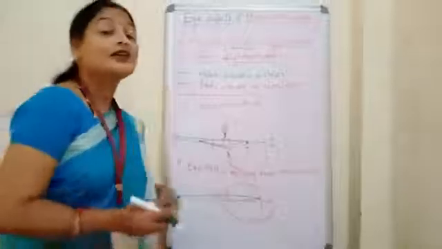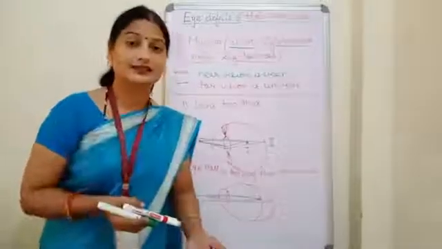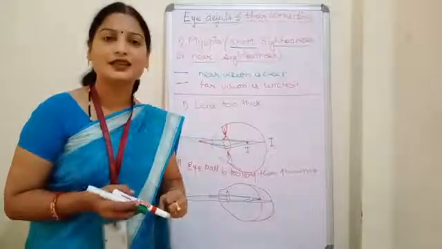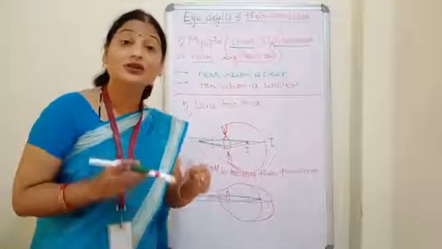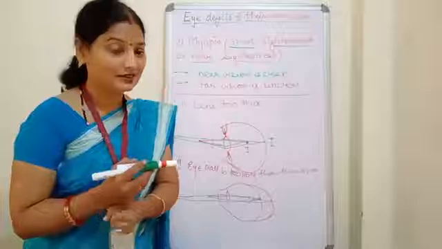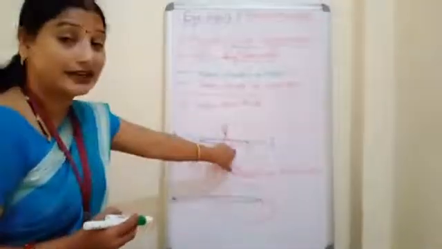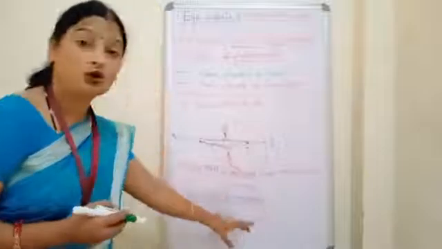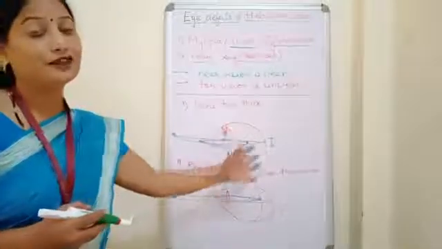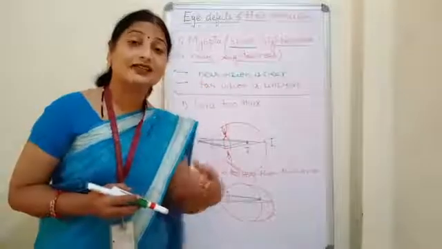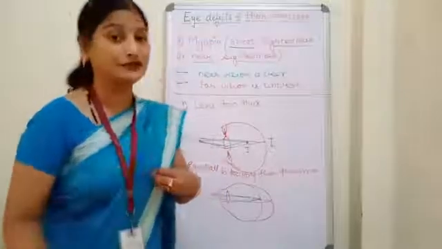Now children, how can we correct this? Our power of convergence is maximum, and we want to diverge this. From the figure itself, it is clear that because of the thickness, because of this too long eyeball, the power of convergence is maximum. We do not want it to be more converged.